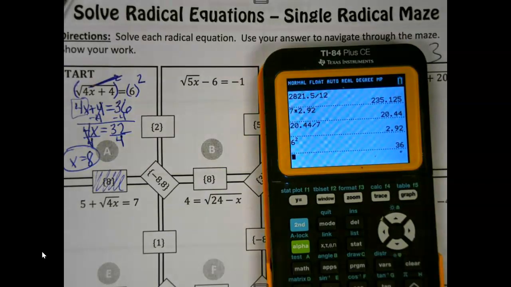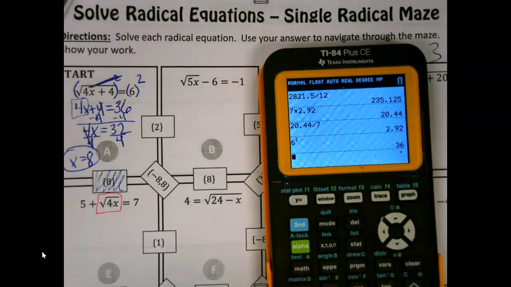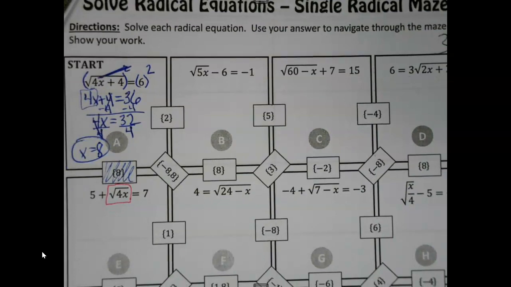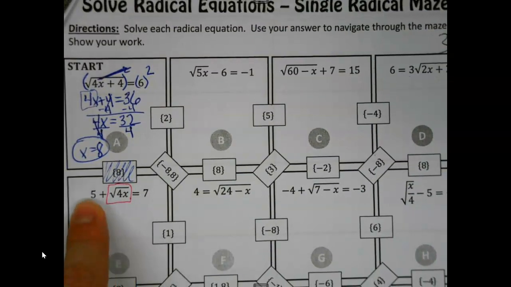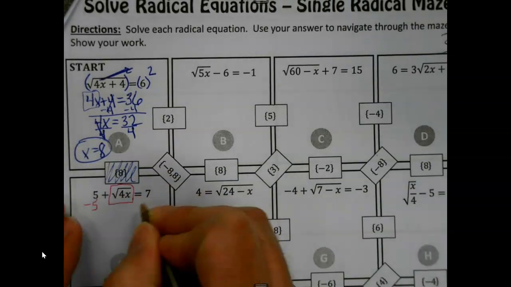So the one that I get correct, I go to the next one and go from there. And actually, I'll do the second one too, just because there's something different going on here, and I want to make sure that we're well started. This time, I'm not doing the squaring first. If there's anything going on outside your radical, like there is here, like this +5, I got to undo that first before I can do the squaring part.